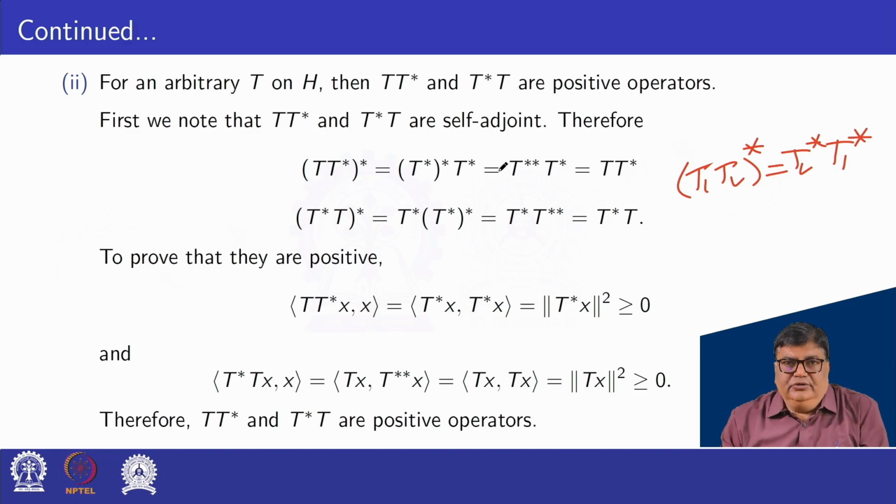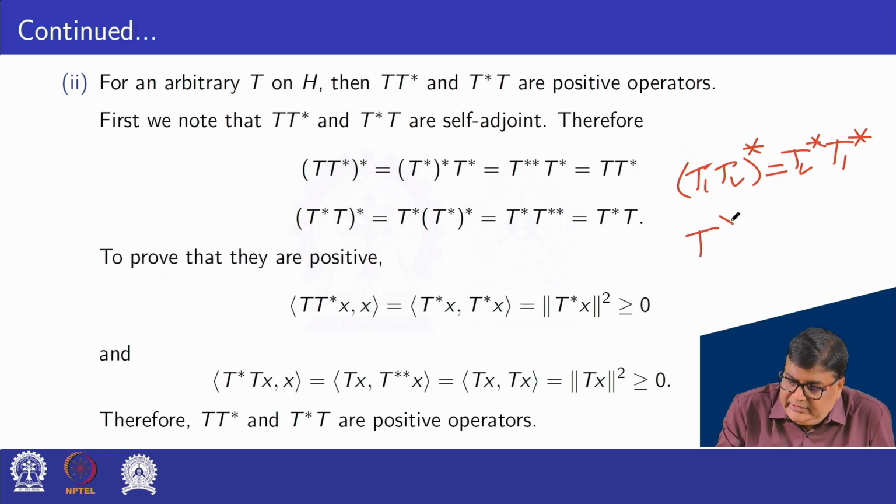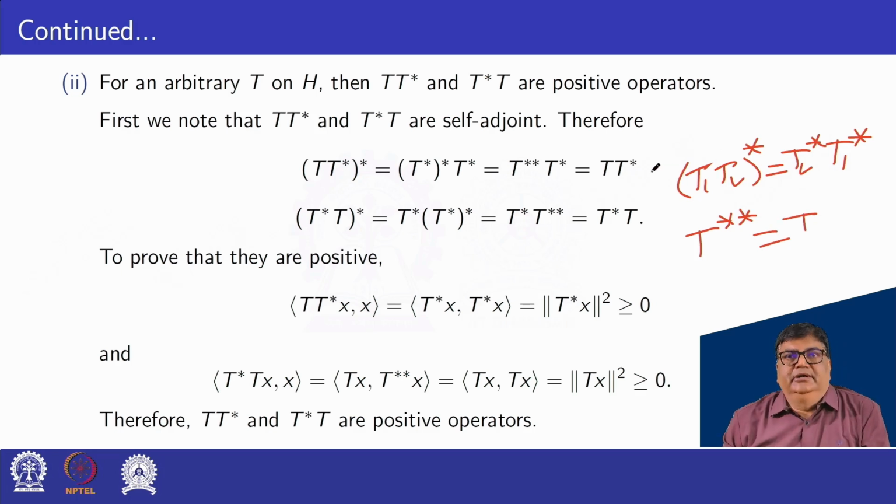And also we know that T double star is equal to T. So this is TT star. So star of TT star is equal to TT star. So we can say that TT star is self-adjoint.